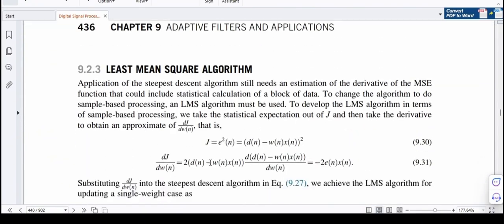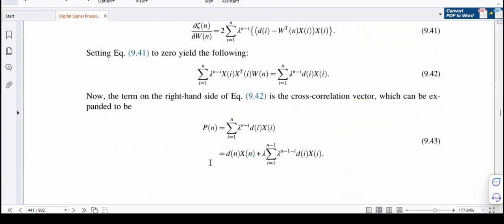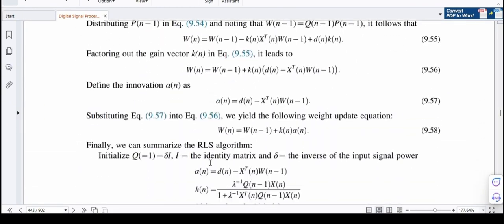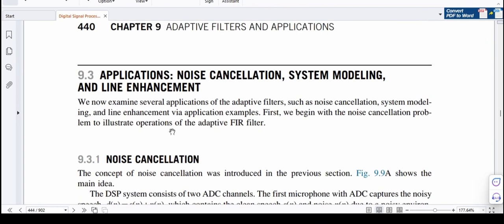Lastly, there are a few applications related to adaptive filters: noise cancellation, system modeling, and line enhancement. So this is the basic of adaptive filters, which is used to produce a signal without noise.